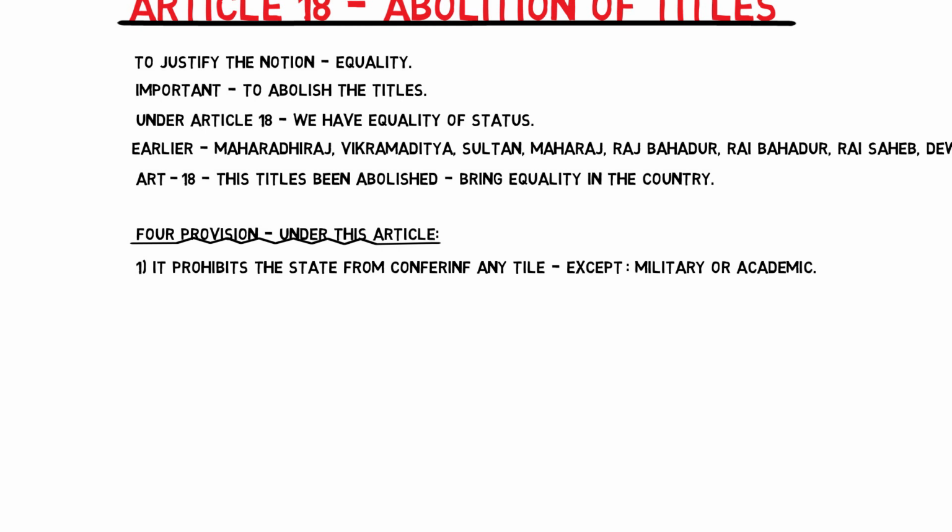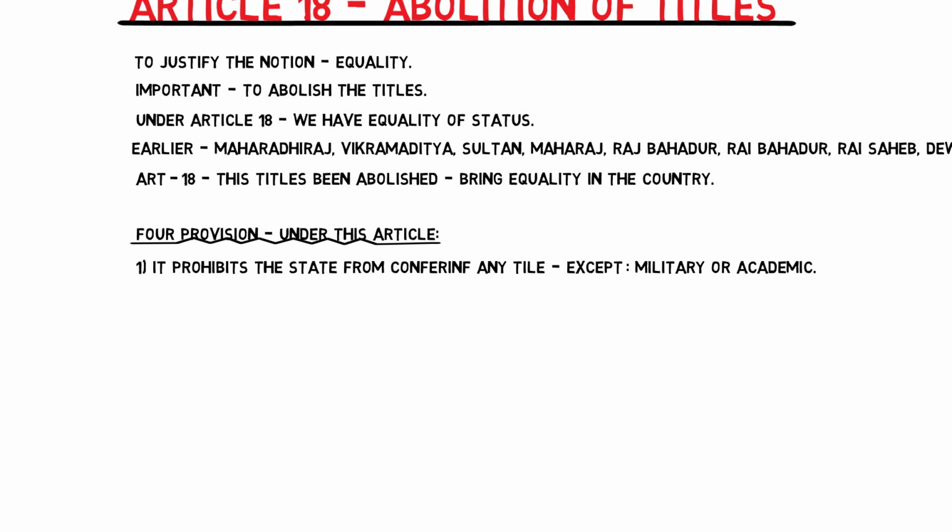Therefore we have titles like general, which is a military title, and field marshal. In academics or in art we have titles like professor, doctor, Bharat Ratna, Arjuna awardee, Dronacharya awardee, and so on.